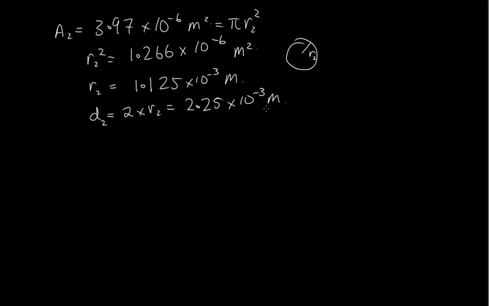So that's our answer in meters, so that is 2.25 millimeters, or we could put it if we wanted in centimeters, which is 0.225 centimeters. And so that's the final answer.